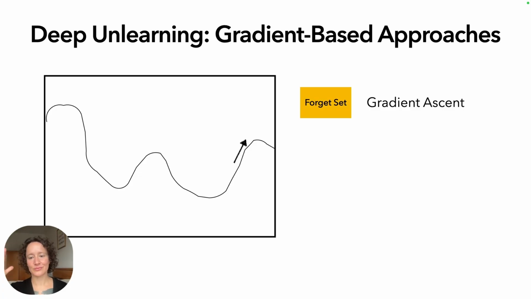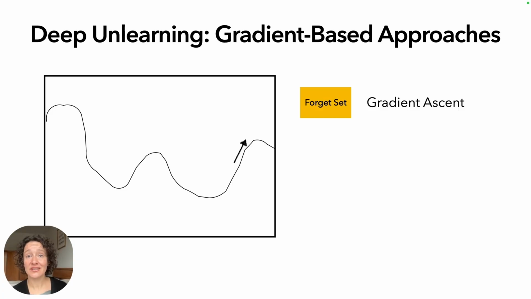And we have space that we probably can't even imagine, but if this could be some sort of plane, and it's the loss landscape, so this is loss, for the forget set, I'm basically going to maximize loss. I'm going to ascend the gradient of that loss method. So I want to say, be really bad at this forget set. I want you to get everything wrong in this forget set. That's essentially what we're trying to do when we're unlearning.